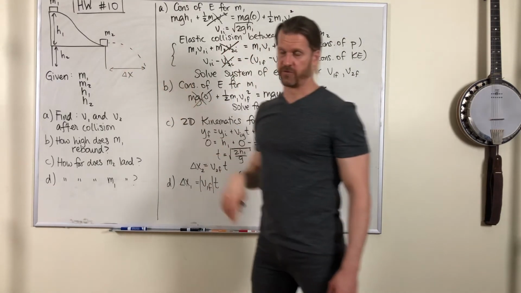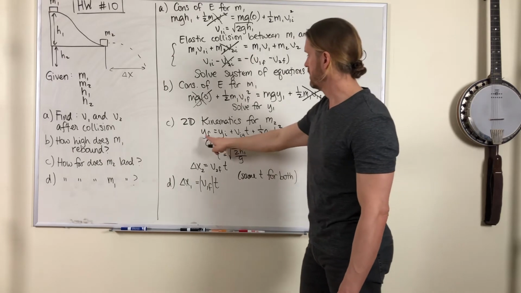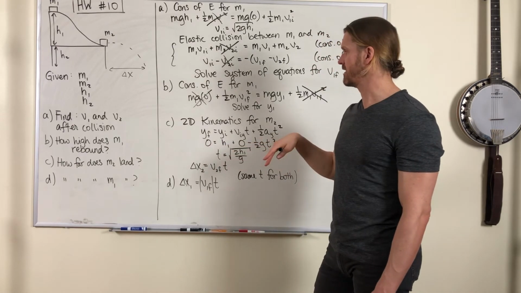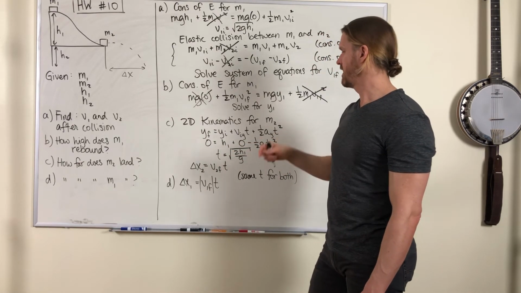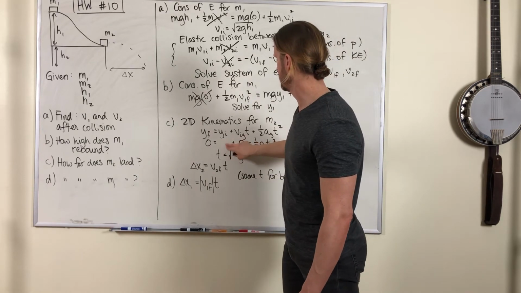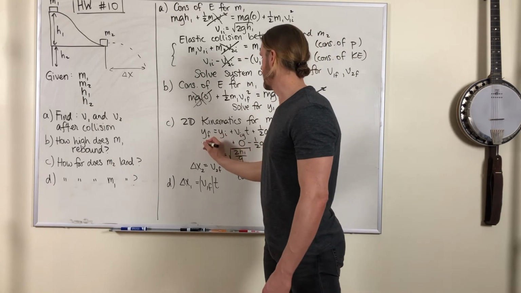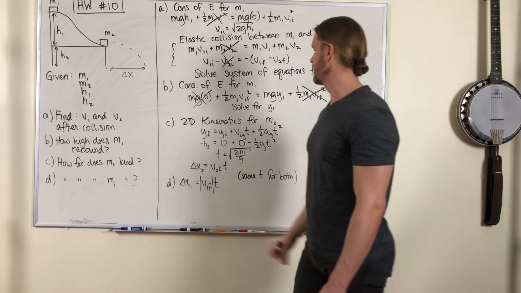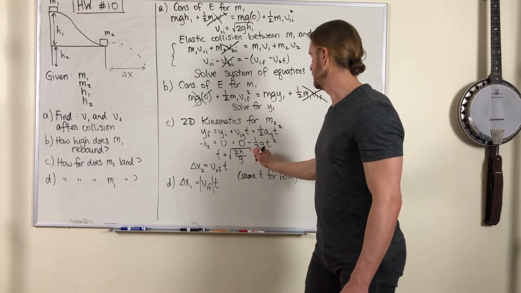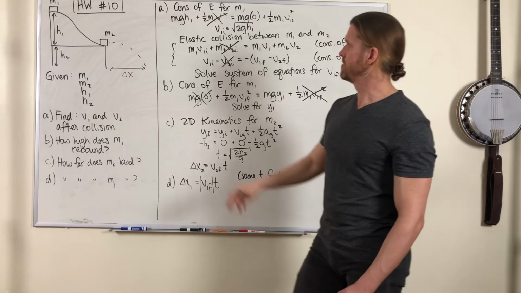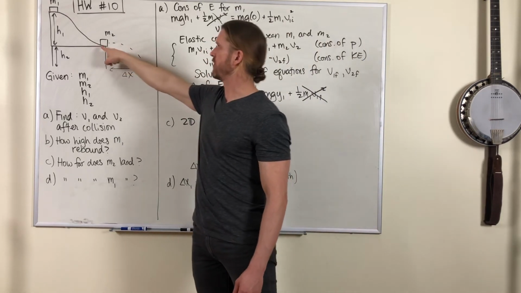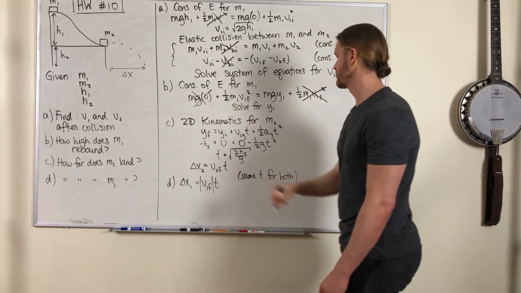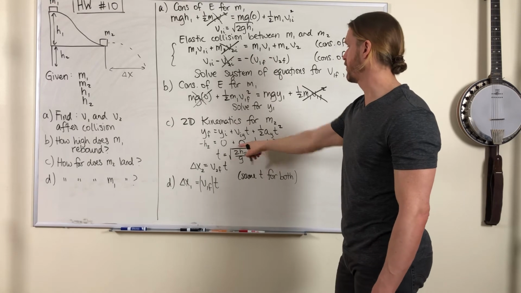I'm doing block 2 first. So the final height is 0. Actually it doesn't matter, maybe to be consistent, I'll call final height negative h2 and initial height 0. There's h2, because we had been saying that 0 was the table height. So when it lands, it's a height h2 below the table. It started out at table height.